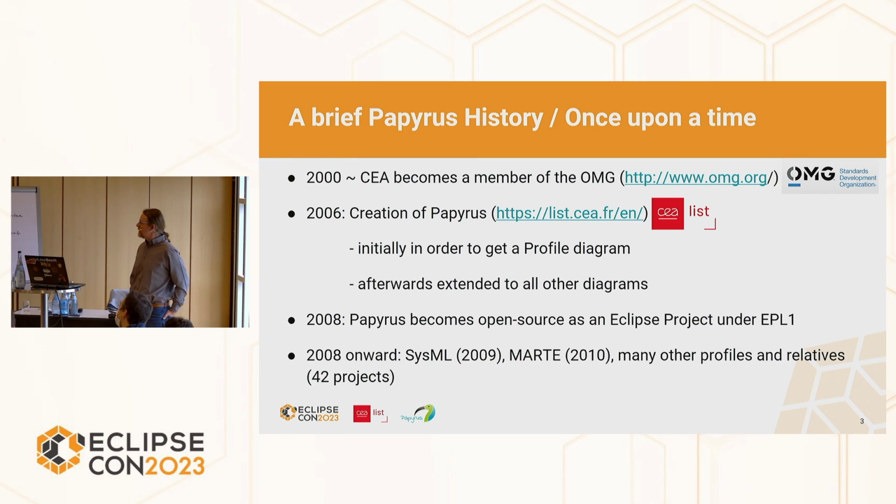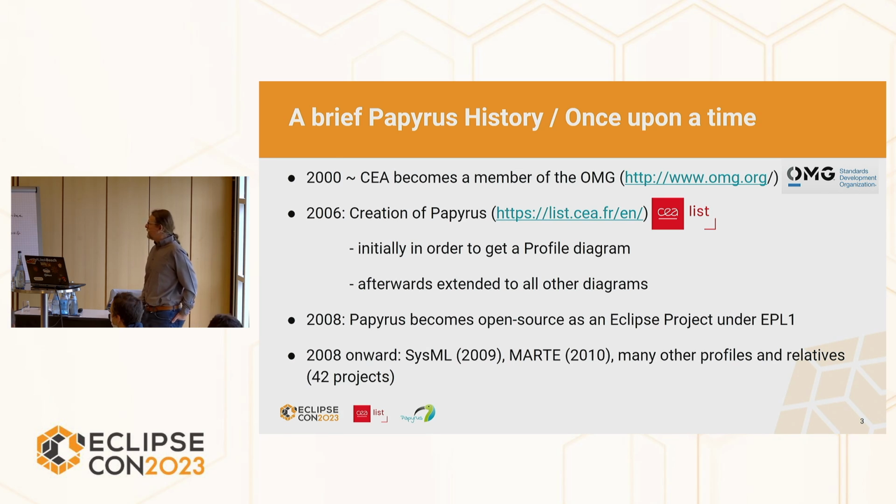In 2006, the CEA initialized the creation of Papyrus, initially in order to get a profile diagram for the UML language. Afterwards, we extended this tool to support all diagrams provided by UML.